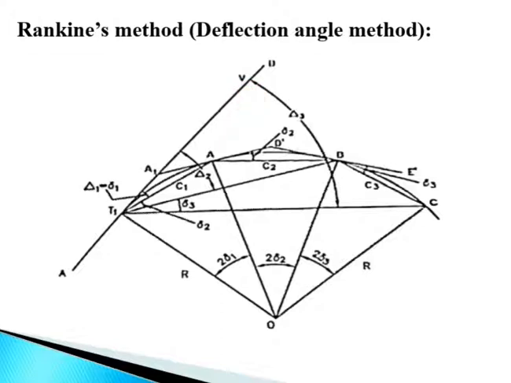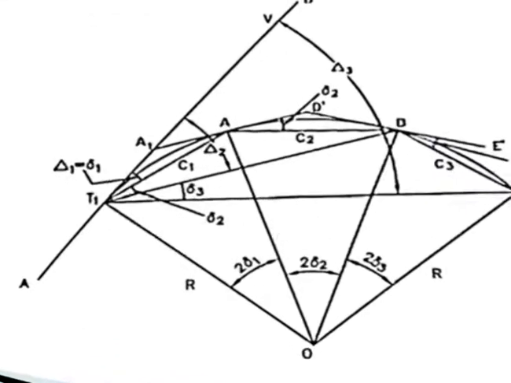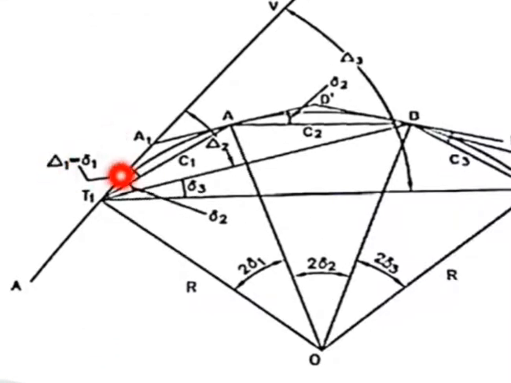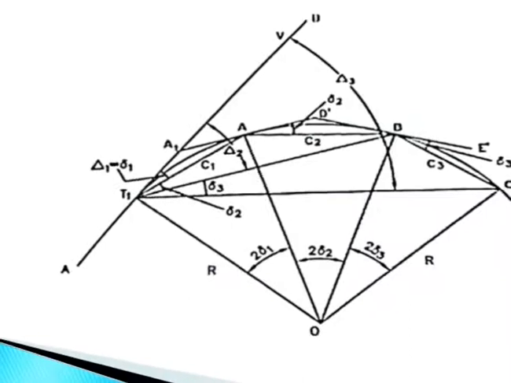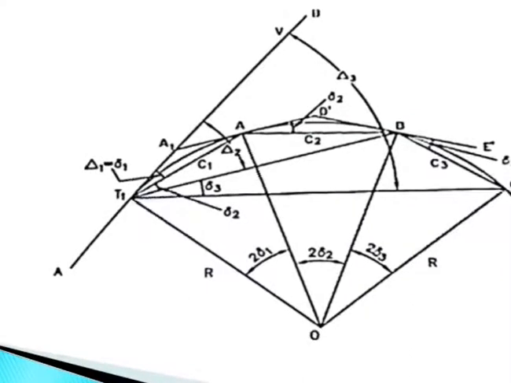Release the upper clamp screw and set the angle delta 1 on the vernier. The line of sight is thus directed along the chord T1A.